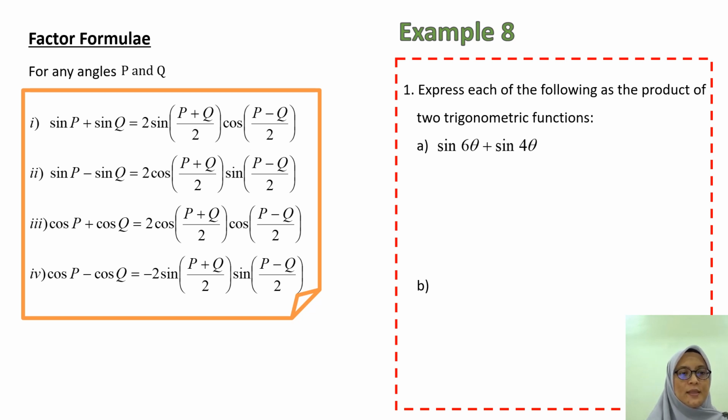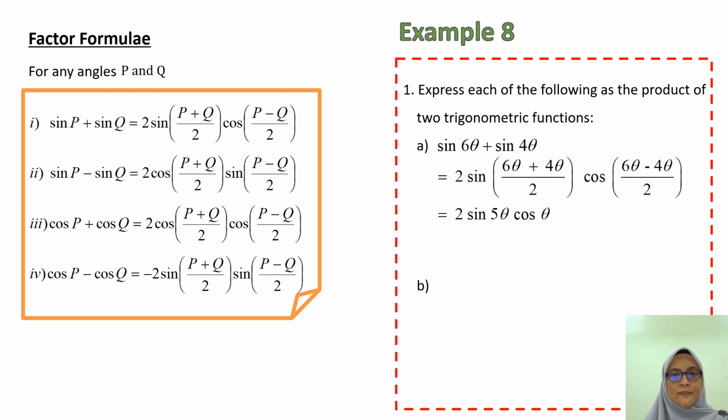Okay, sin plus sin is the first one. So from there we have P is 6 theta, and Q is 4 theta.